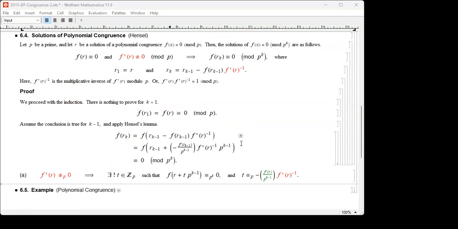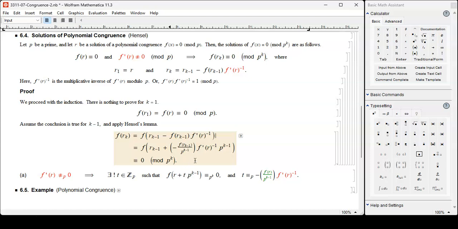And then here, let's see. Yeah, this one here. No, this entire thing here, which I'm highlighting. Oh, I'm running out of color. Let's highlight it in purple. Is this one here. P to the k minus 1 power.